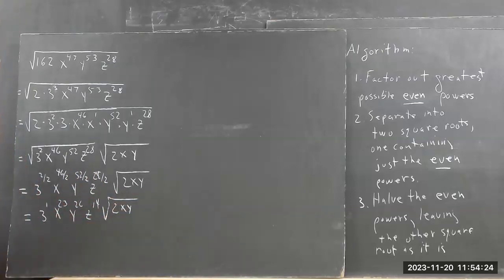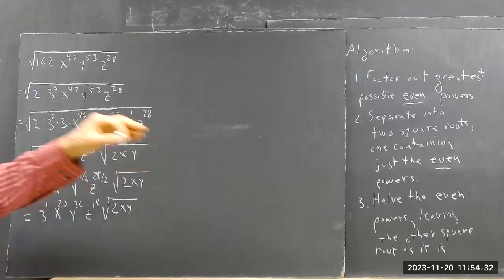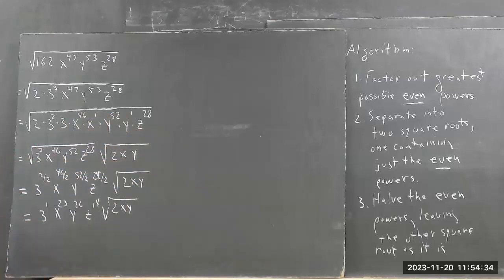There we go. And we usually don't put the exponent 1, but I'm just putting it there for emphasis. Okay. So the algorithm, as I stated it, if we follow it and practice it, it starts to make sense.